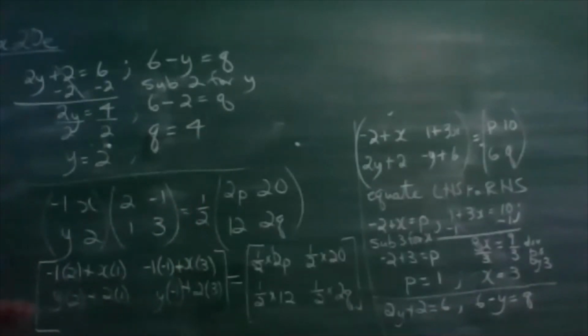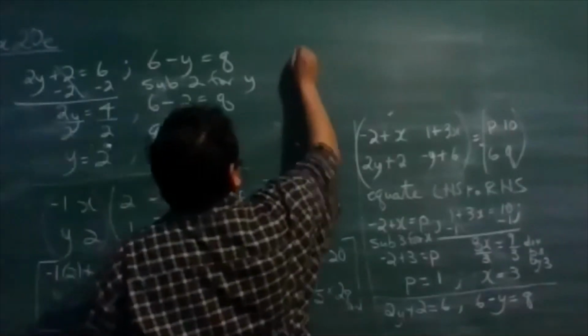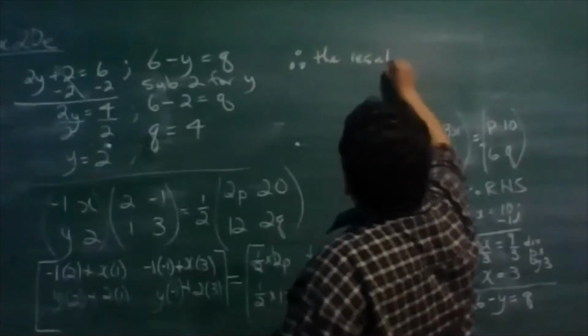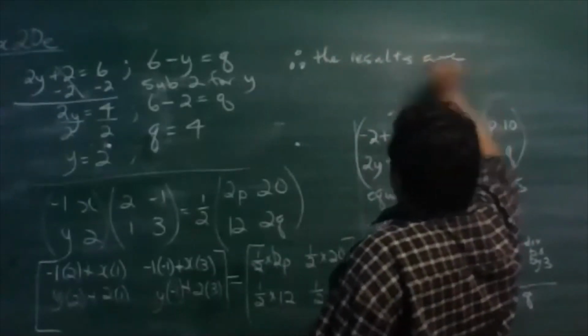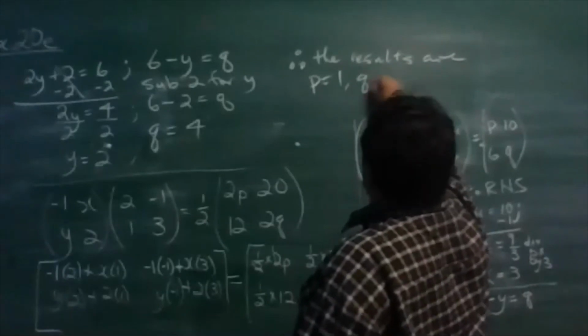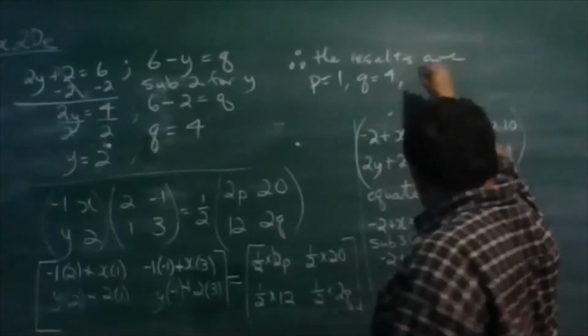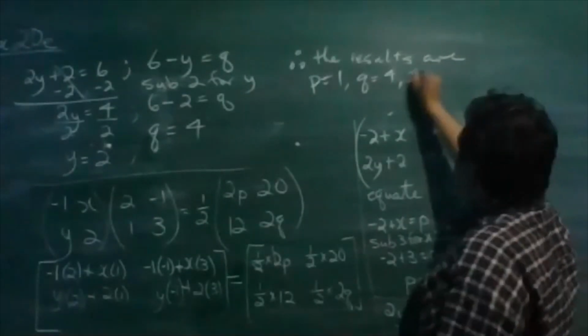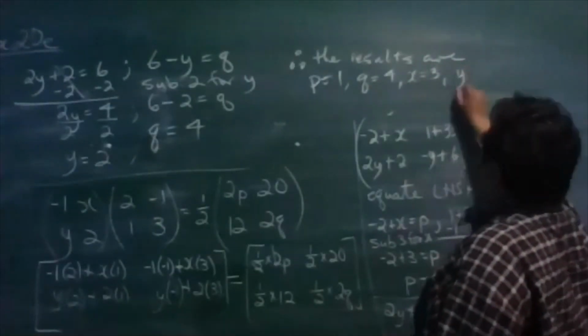Alright? And here I have all my answers. So I can say, therefore, the results are p is 1, q is 4, x is 3, and y is 2.